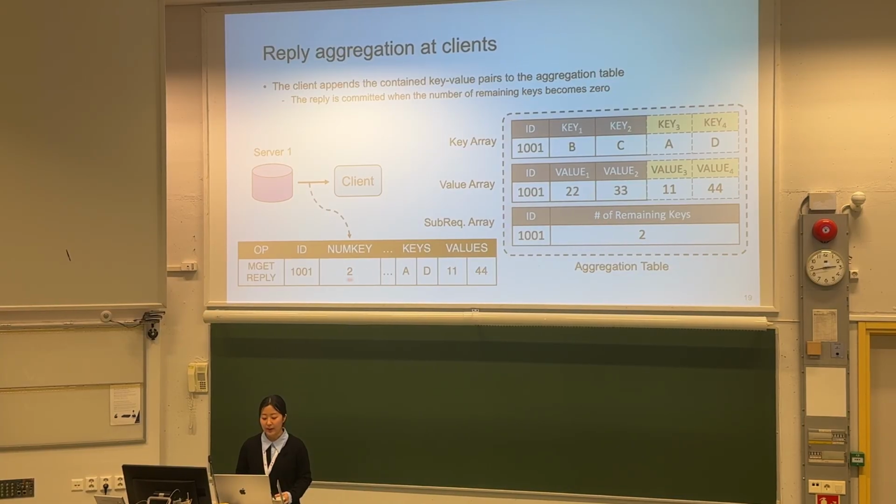So it matches the number of keys in the received packet with the sub-request array. If so, this becomes 0, and this means the Multiget request with ID 1001 is done. So the client commits the Multiget request 1001.